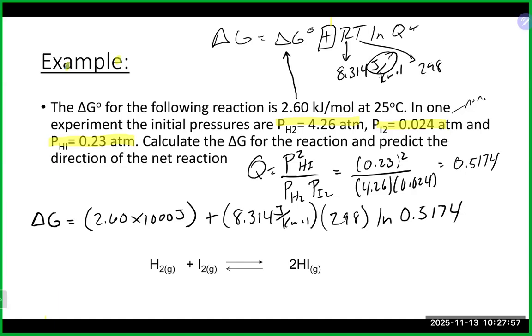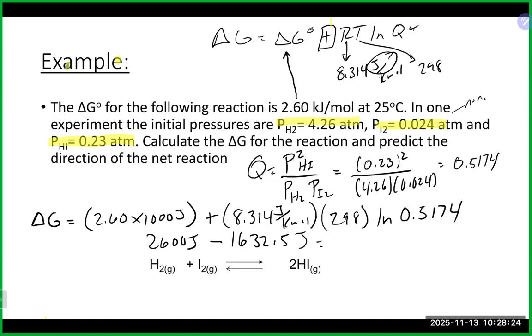So if we clean up the right-hand side, we'll take the natural log of this and times it by 298 and then times it by 8.314. That looks like we're going to end up with minus 1632.5. And then in the front end of it, we got about 2600 joules, right?